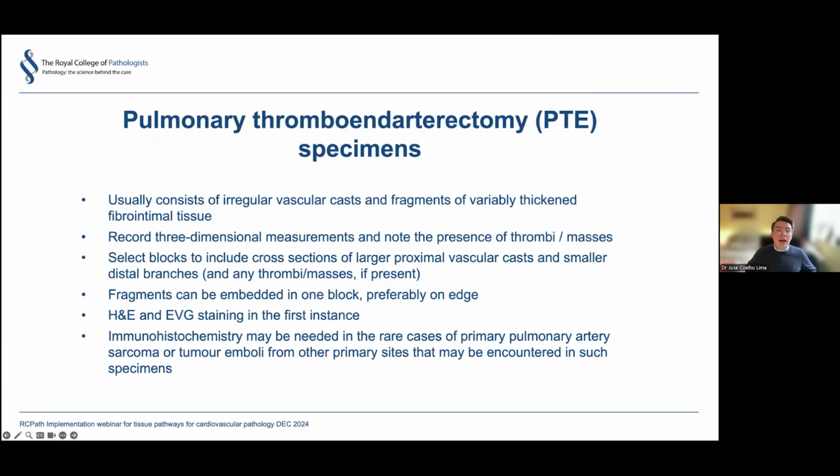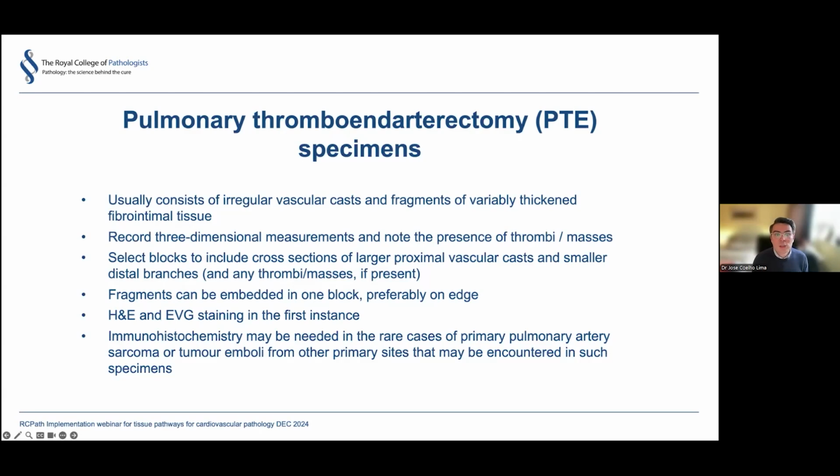Moving on, this is another type of sample that can be received, the PTE, so pulmonary thromboendarterectomy specimens. It usually consists of irregular vascular casts, and one should record three-dimensional measurements and note the presence of any thrombi or masses.